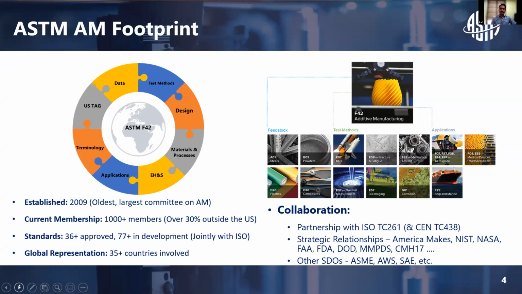So one of the important aspects of additive manufacturing standardization is that for additive manufacturing alone, ASTM is in collaboration with ISO TC261. ISO TC261 is the additive manufacturing standard development committee under ISO. And the committee under ASTM is called ASTM F42.